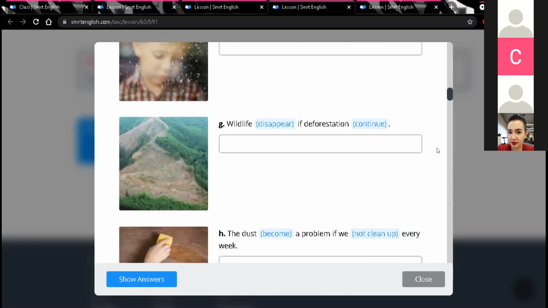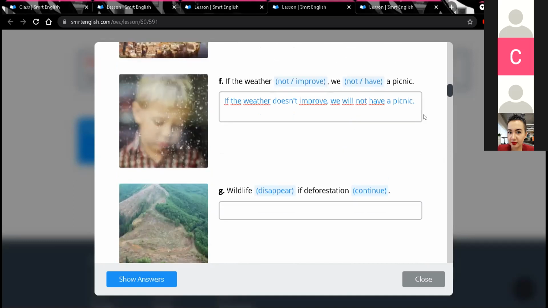Can we use the verb improve in past? It's incorrect. Because it says if the weather doesn't improve, you're talking about present tense. For example, you can say the weather has improved, but that will be present perfect, and we're using simple present.